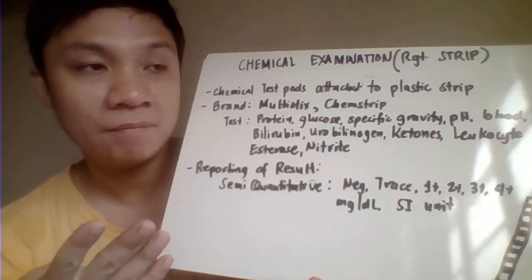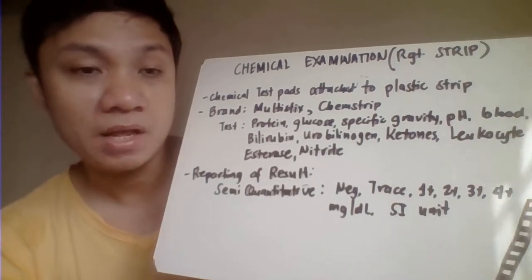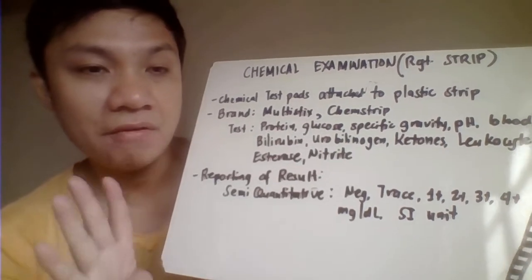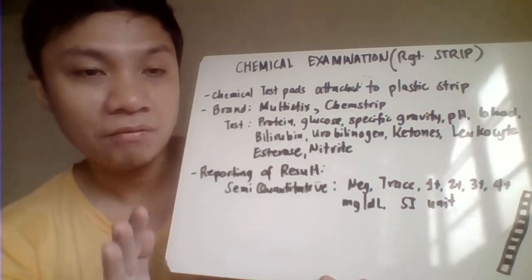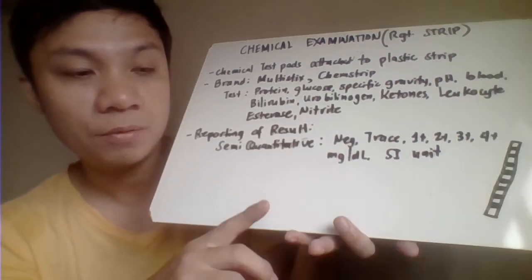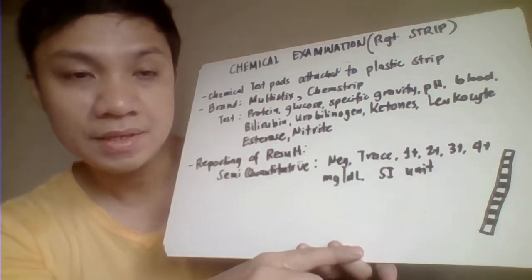That's the basic 4. In addition to that, there are some other brands wherein they were able to test for 10 parameters. So aside from the 4 I've mentioned earlier, you also have tests for blood, bilirubin, urobilinogen, ketones, leukocyte esterase.